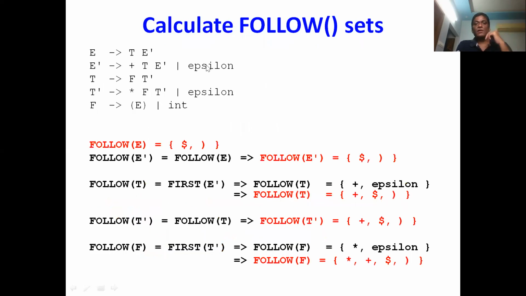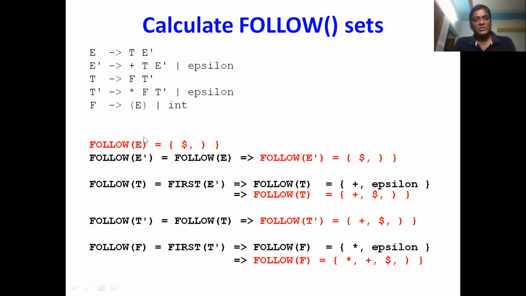Okay. Then calculation of follow sets. This is actually a bit difficult compared to first sets. Please listen carefully, focus more. So let us calculate the follow sets of each variable again. The first variable is E. Follow of E. E is the start variable, right?